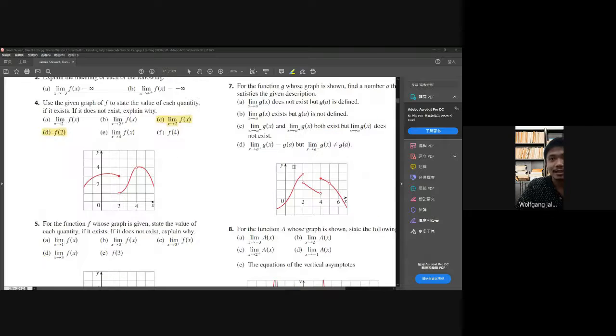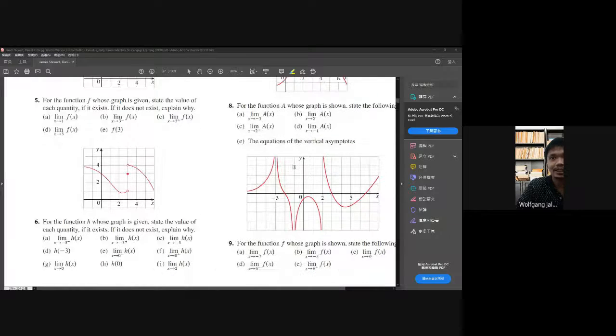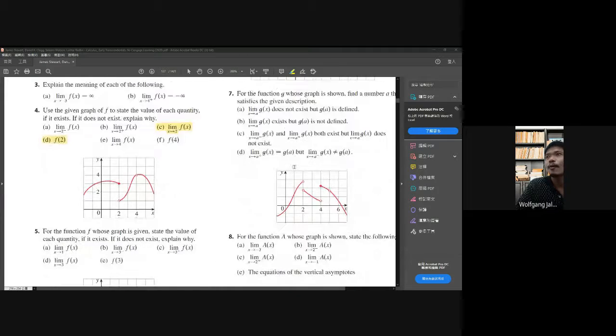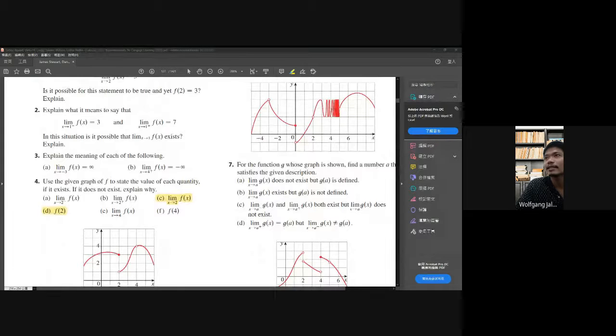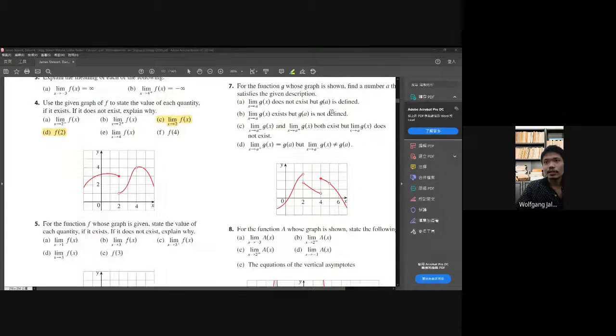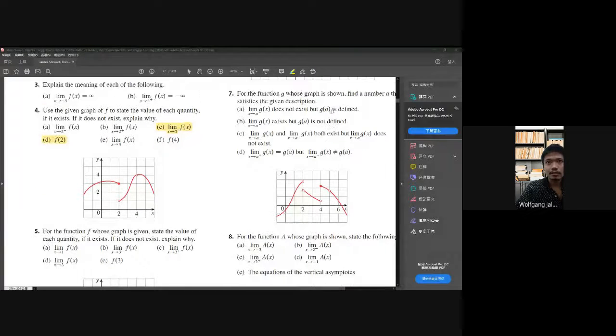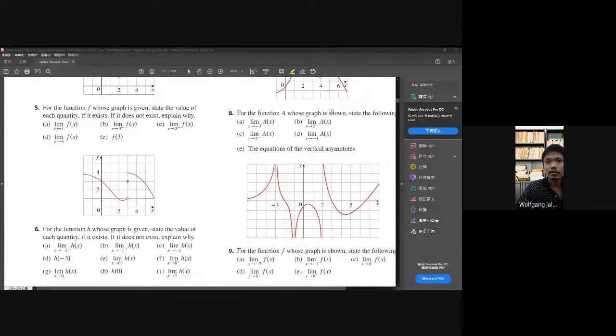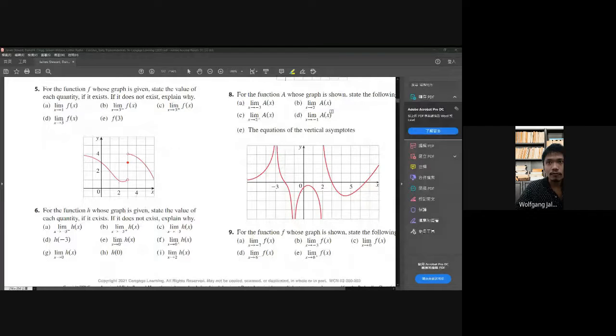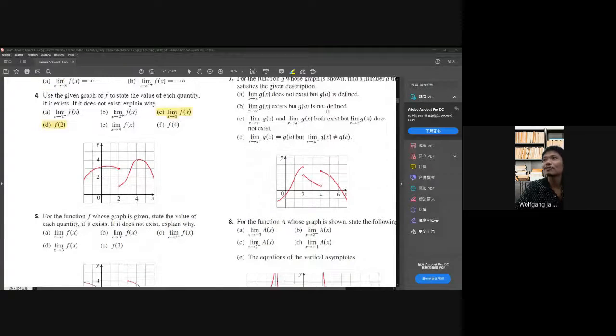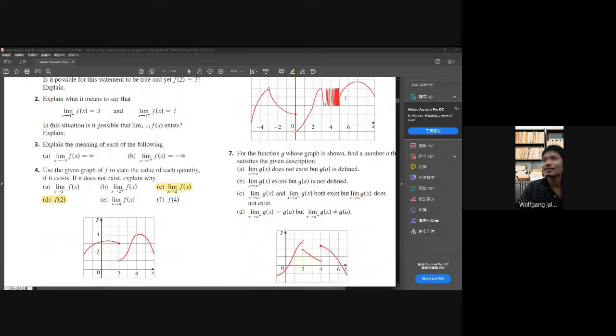I believe it is not f here, it is h, when x is equal to 4.